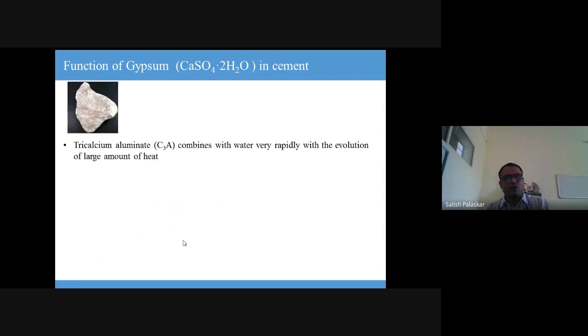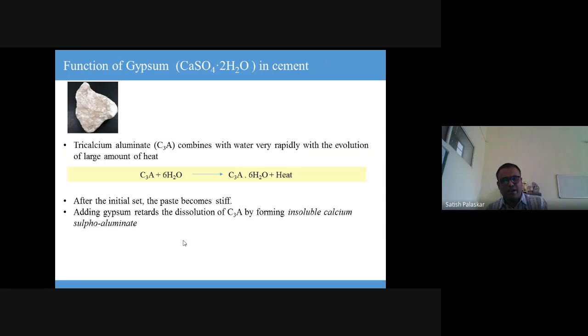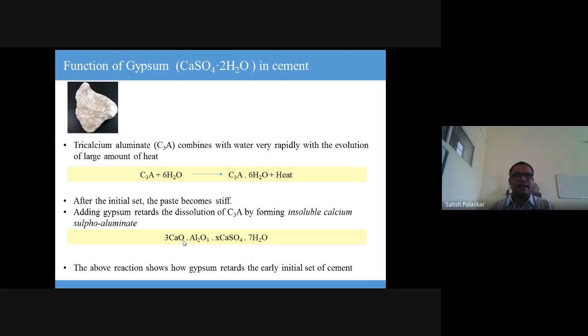Okay. Now, what is the function of gypsum over here? Tricalcium aluminate, that is C3A, combines with water very rapidly with the evolution of a large amount of heat. After the initial set, the paste becomes stiff. Addition of gypsum retards the dissolution of C3A, tricalcium aluminate, by forming insoluble calcium sulfoaluminate.